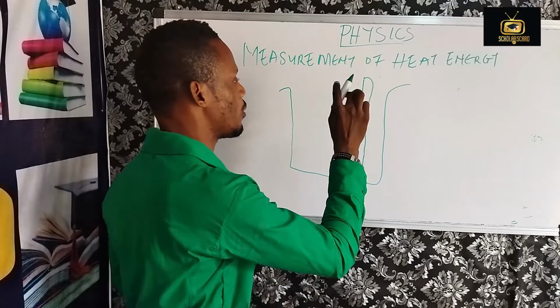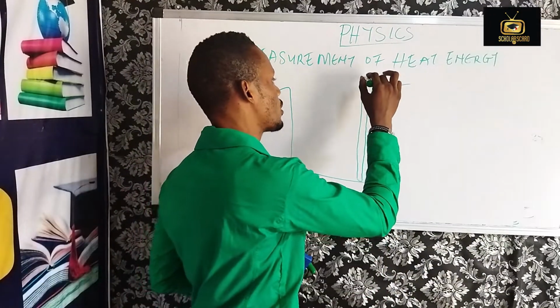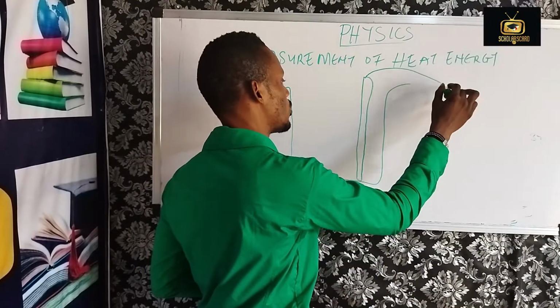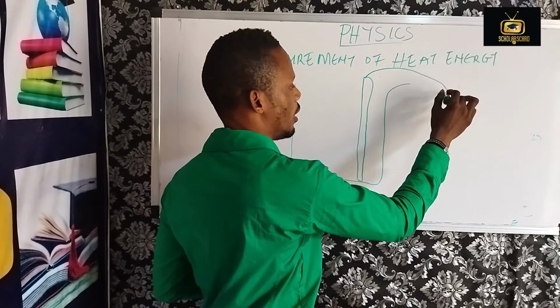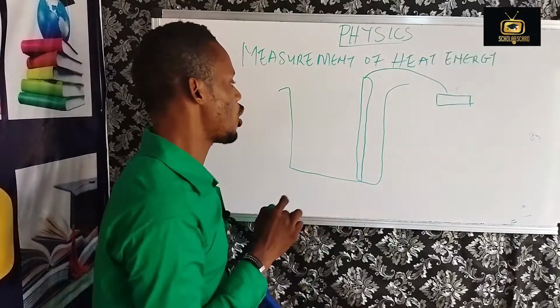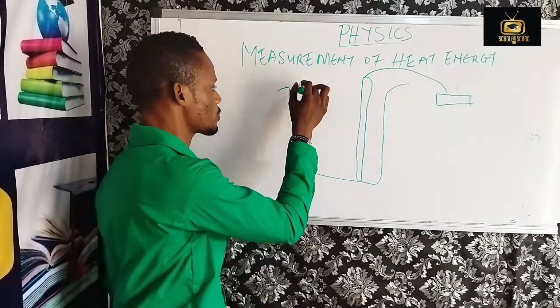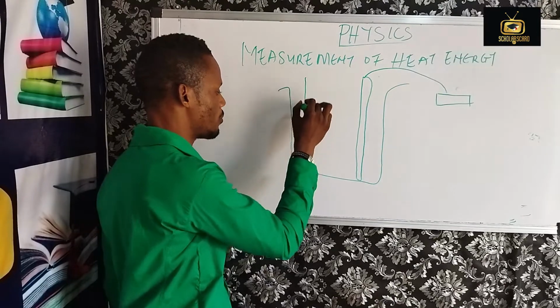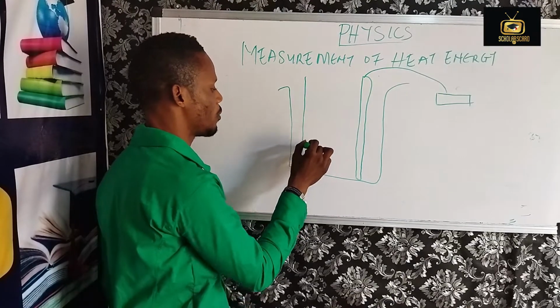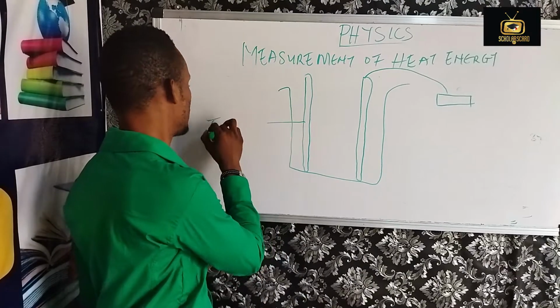Normally the boiling ring has a wire. Now you plug the wire into any electrical source. Now I also have a thermometer, which is used to measure temperature. You put in a thermometer.